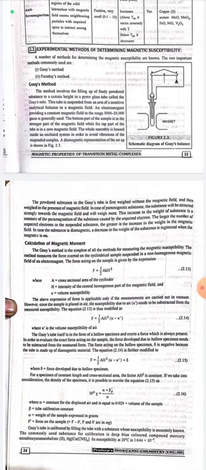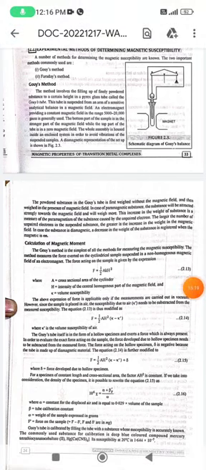However, since the sample is placed in air, the susceptibility due to air needs to be subtracted from the measured susceptibility. Equation 2.13 is thus modified as F equals half A H squared (K minus K dash), where K dash is the volume susceptibility of air. The Gouy tube itself is in the form of a hollow specimen and exerts a force which is always present.